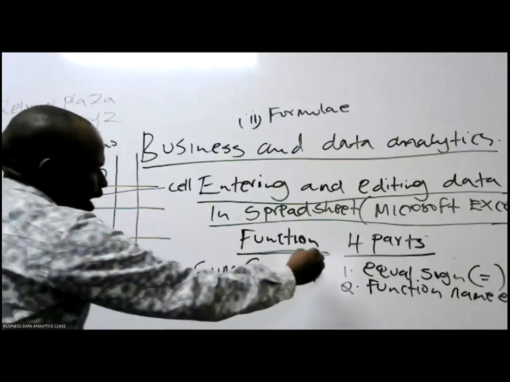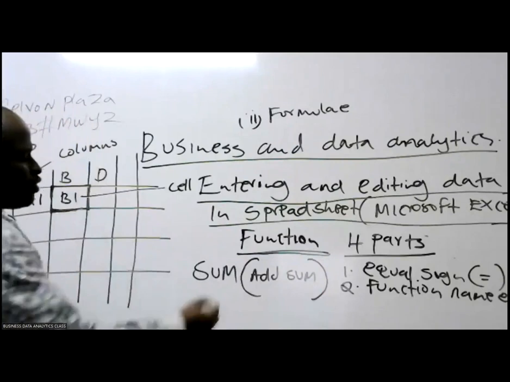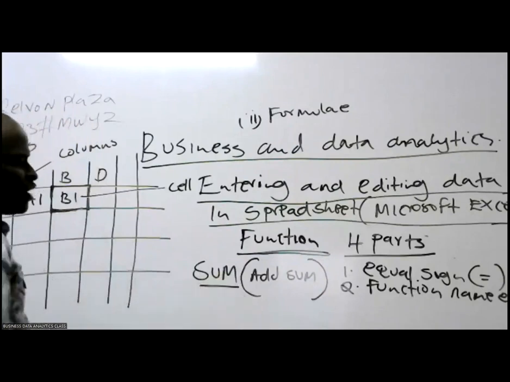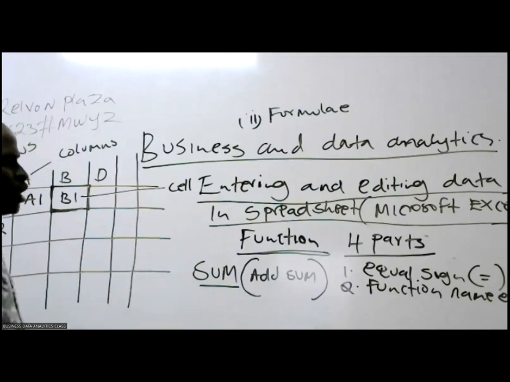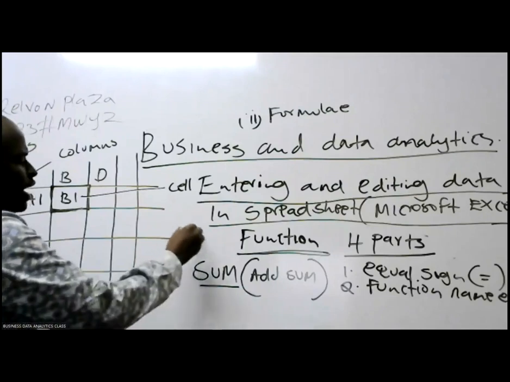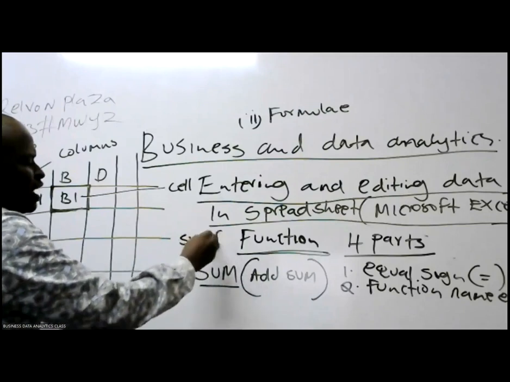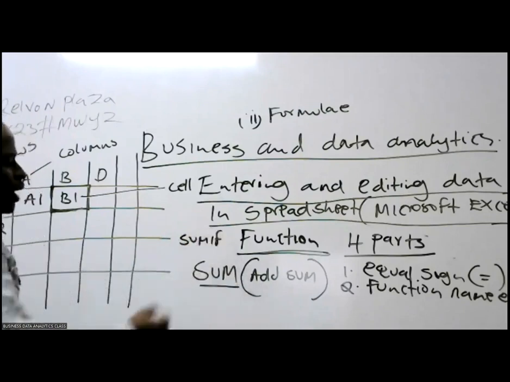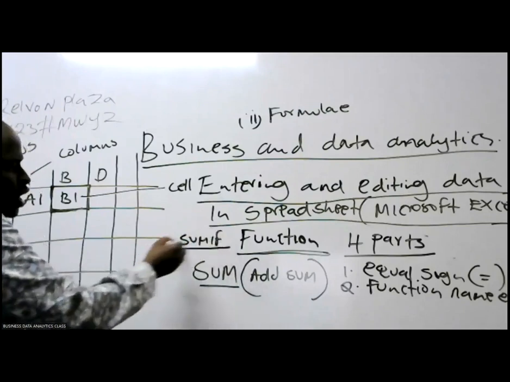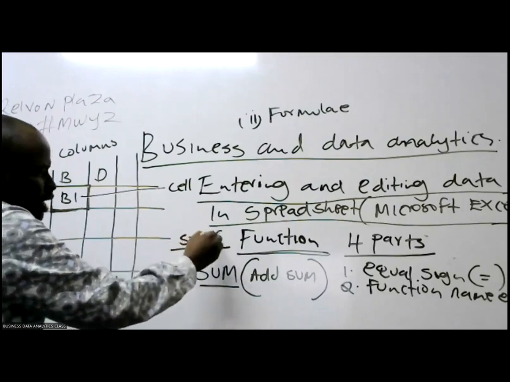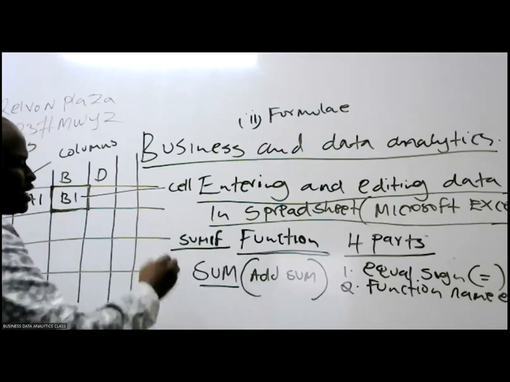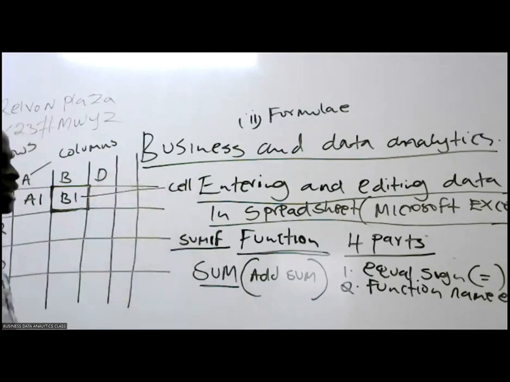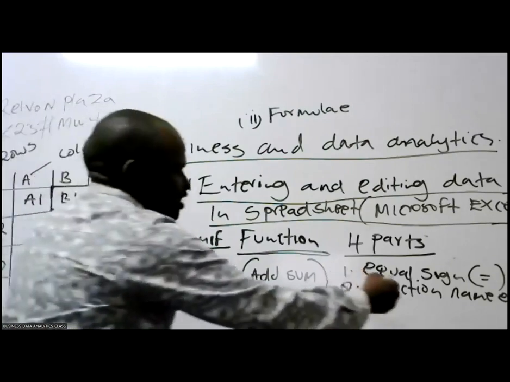Apart from sum, we have average, mode, square root, and also what we call SUMIF. SUMIF is the advanced version of this one. In SUMIF, you use it if you are adding only values that meet a specific or particular criteria. So that is the function name.